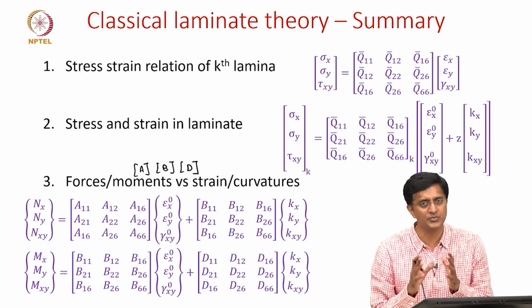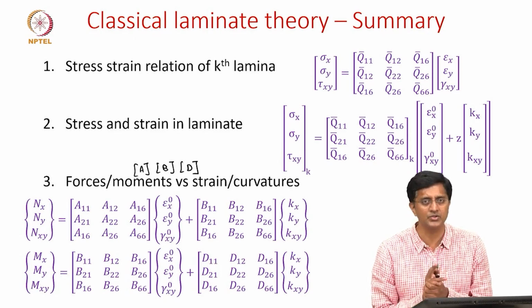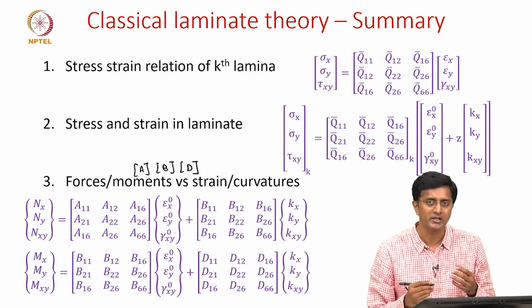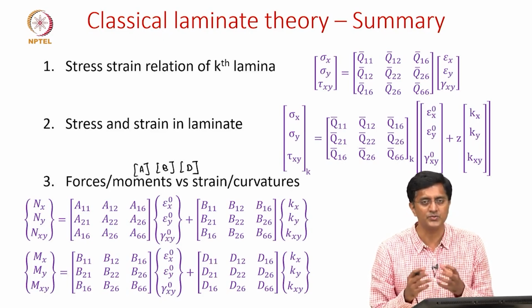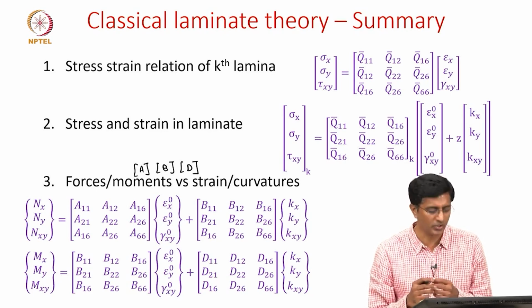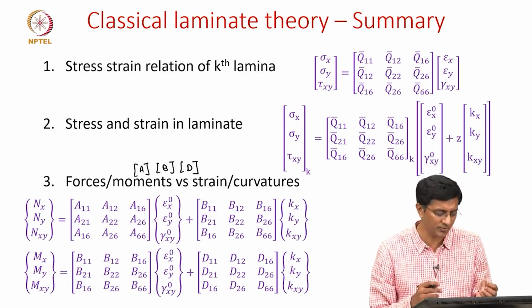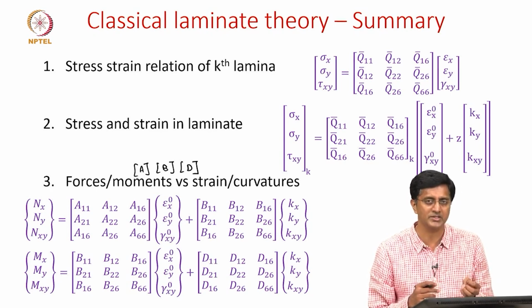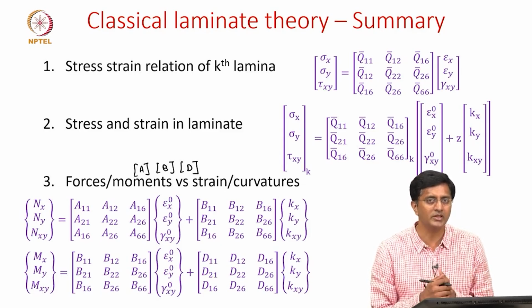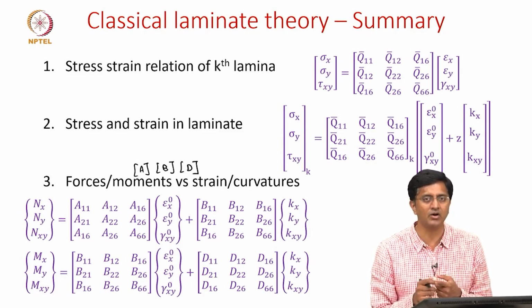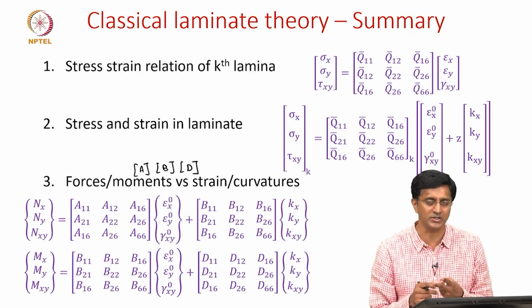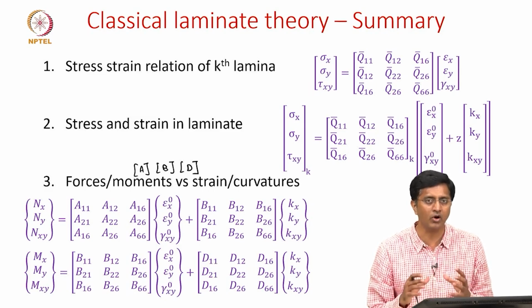Or there are some specific stacking sequences which are used in the industry, and there is a reason why these specific stacking sequences are popular, because they bring in some simplifications to these ABD matrices, which make fabrication easier, or the analysis of those laminates easier. So we'll be looking at all those in the videos from next week.